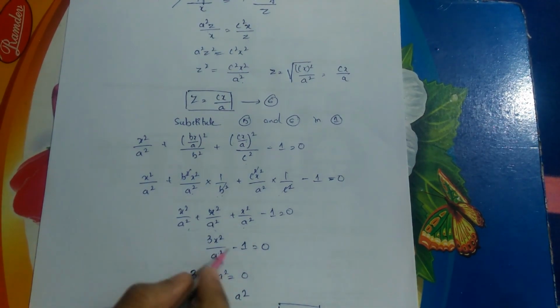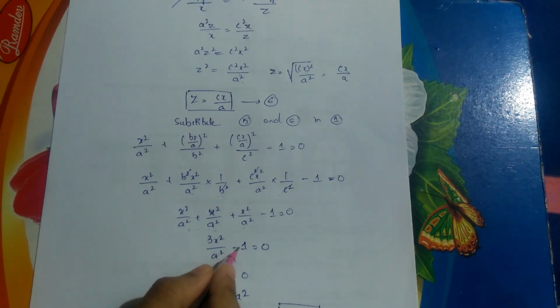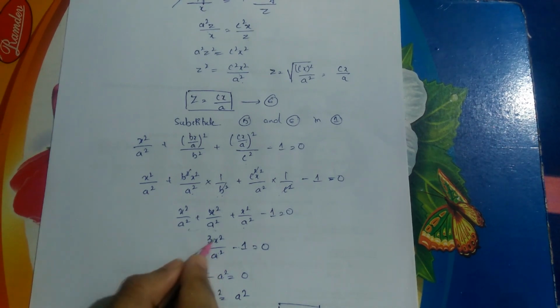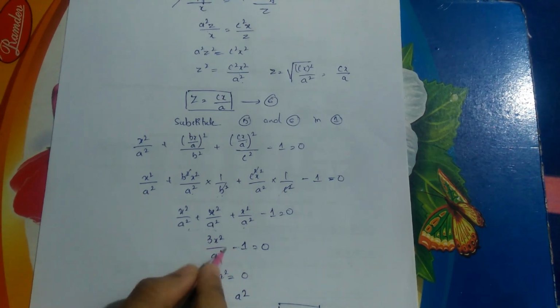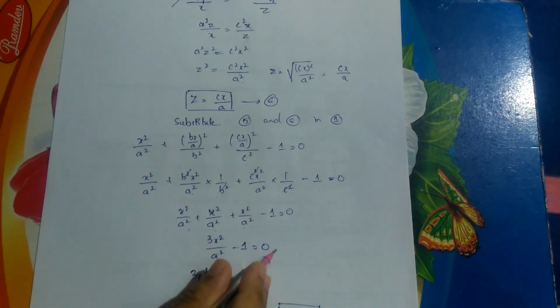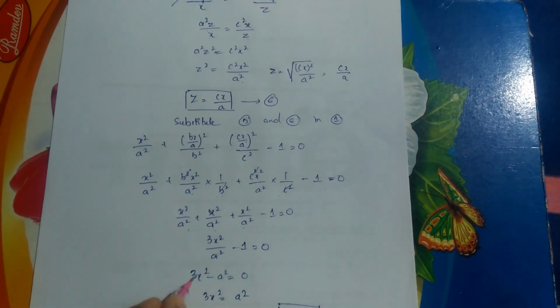Then from here, cross multiplying, a square into 1, that is a square, that is 3x square minus a square, and sending the denominator a square to the right hand side, it multiplies with 0 and becomes 0. Then 3x square minus a square is equal to 0.